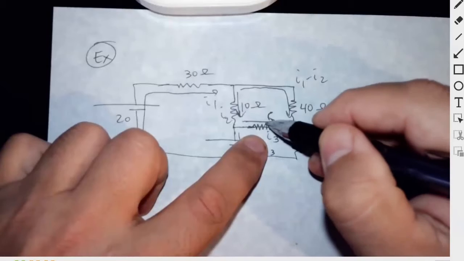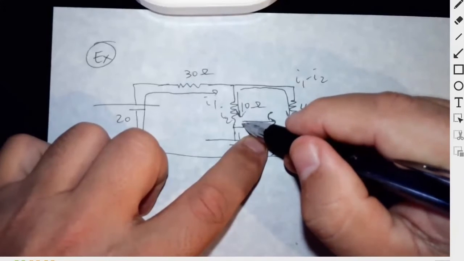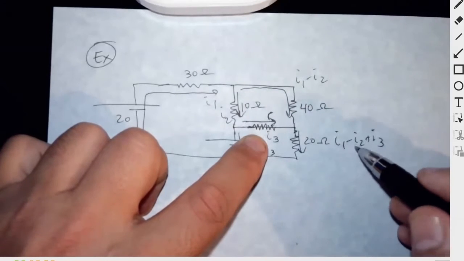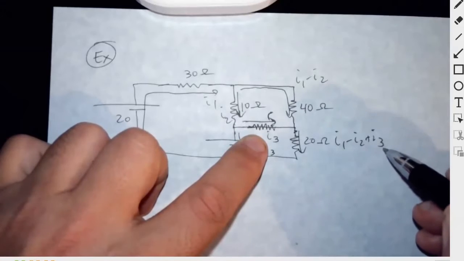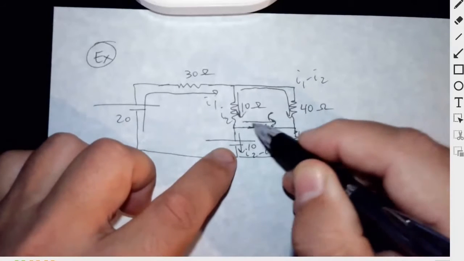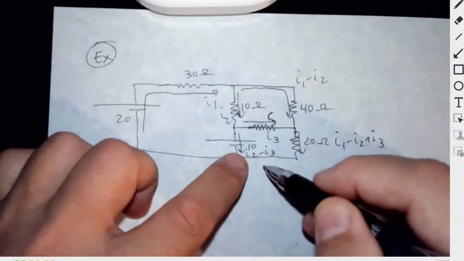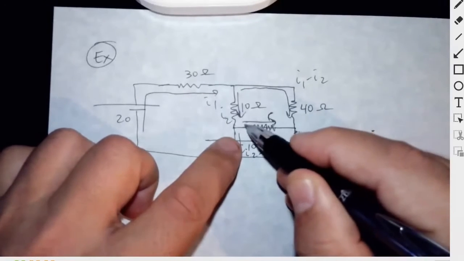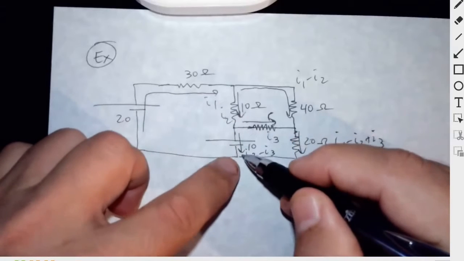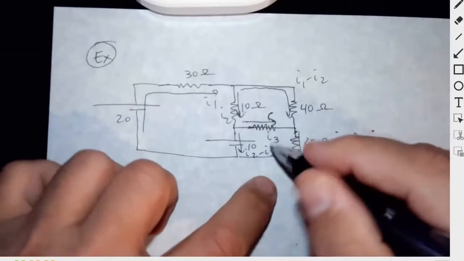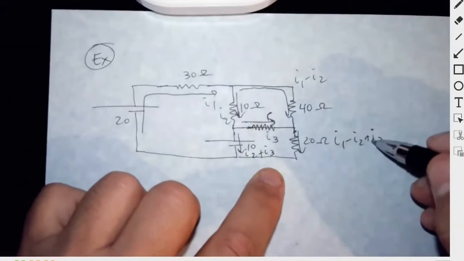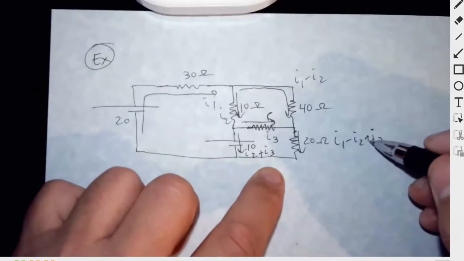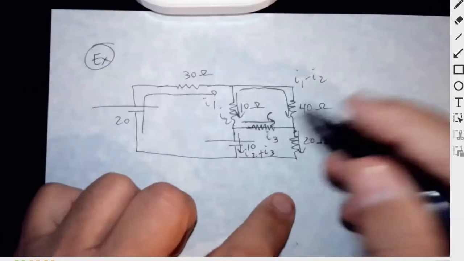Then this would have been I1 minus I2 minus I3, and this one would have been I2 plus I3. The I3 would have joined with the I2, so this would have been plus, and this would have been minus. So either way is okay, but then the current here would have been to the left.